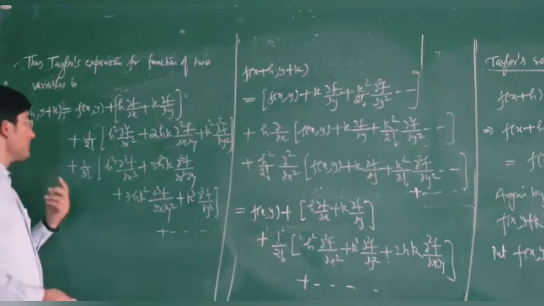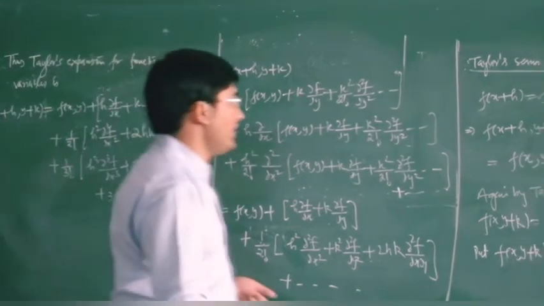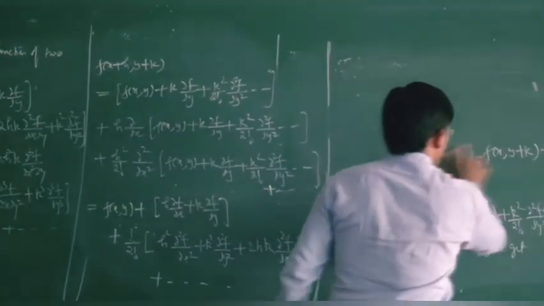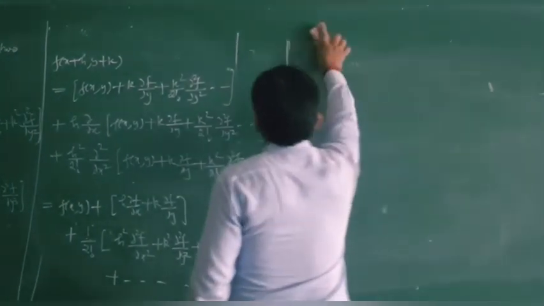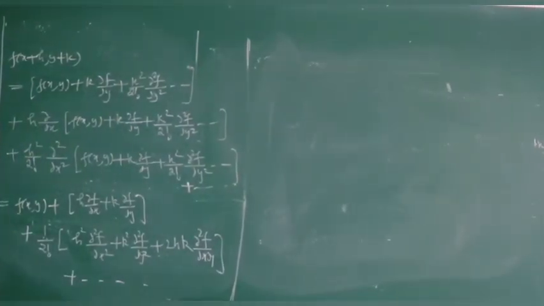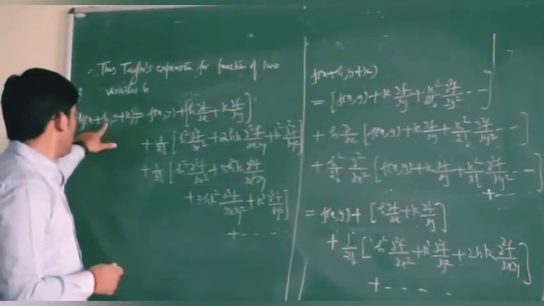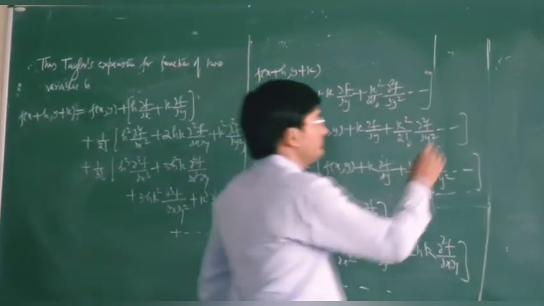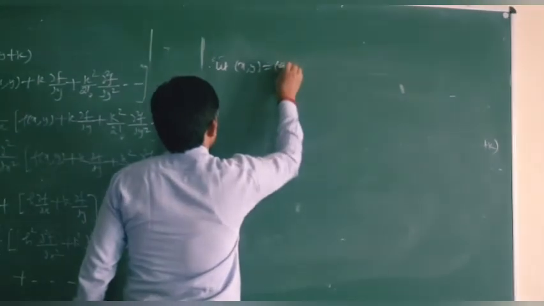Now again, let us assume that h equal to x minus a and k equal to y minus b. Let x comma y be the point a comma b.